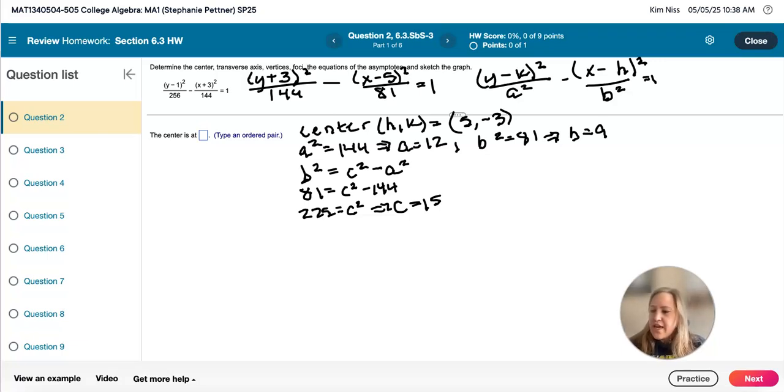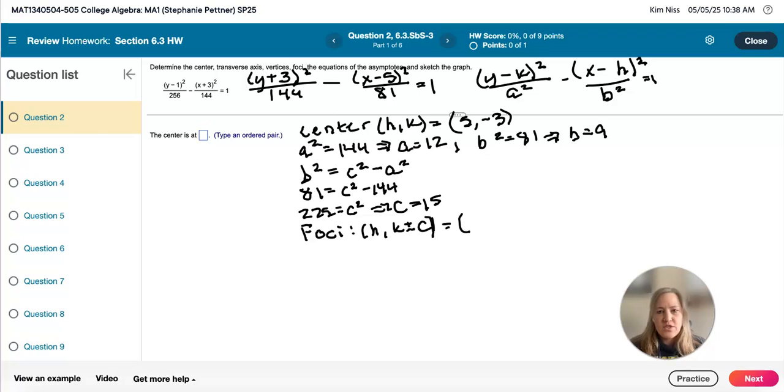So now we can find the foci, the vertices, and the equations of the asymptotes. The foci are (h, k ± c).